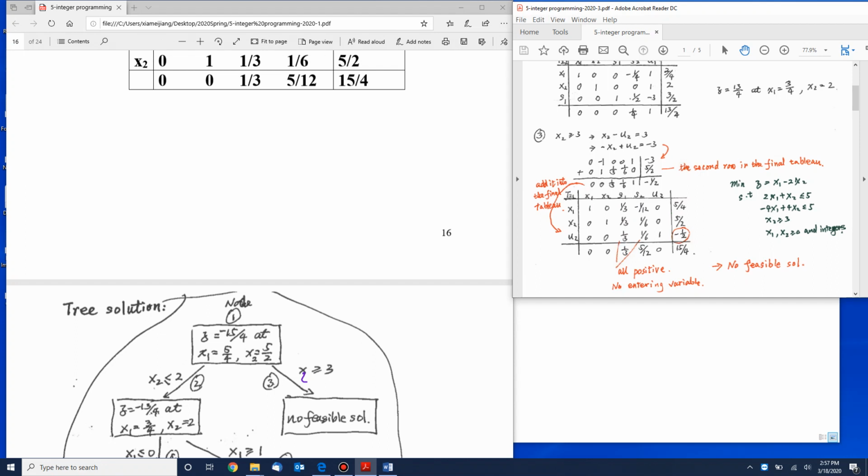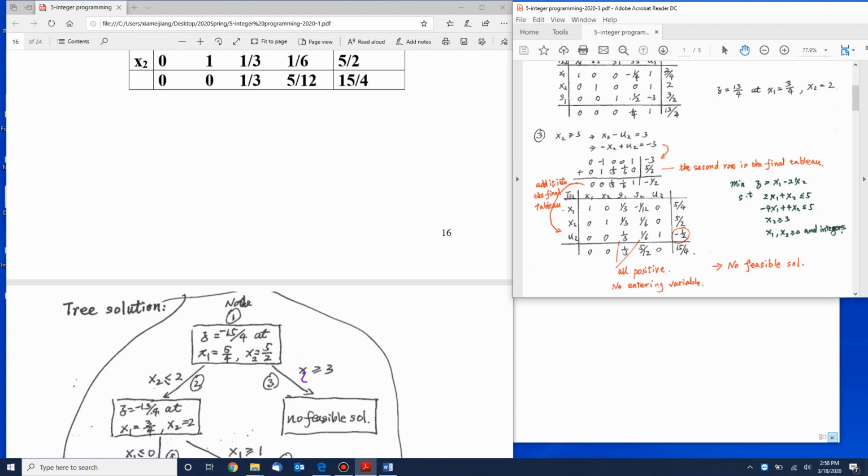According to the dual simplex method, we can only work on those aij with negative value. Here we found all the entries on the third row are non-negative. So we cannot go any further.